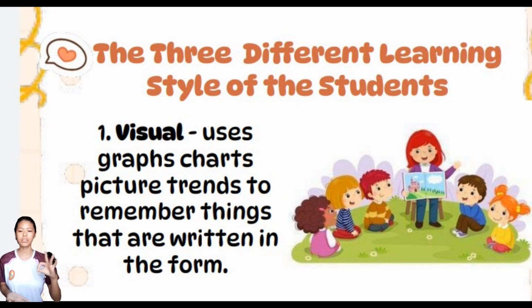So there are three different styles of students, which are the visual learners, auditory learners, and the kinesthetic learners. So the first style is the visual learners. They learn best using pictures, charts, graphs, and diagrams because they remember information better when they see it written or presented visually.